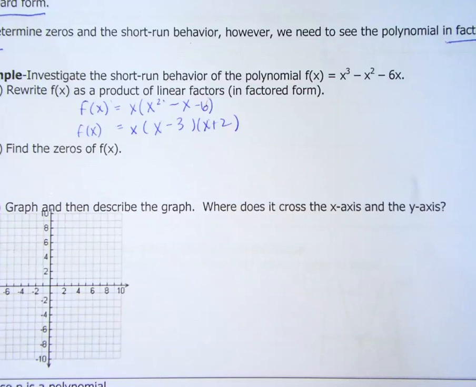It will kind of bounce off the x-axis at that zero. So if you have a zero where the graph does not go through it, you're going to have a multiple zero. If it is even, then it kind of bounces right off of where that zero is.